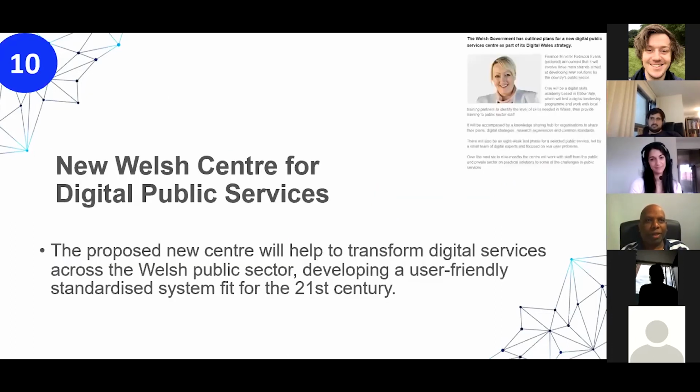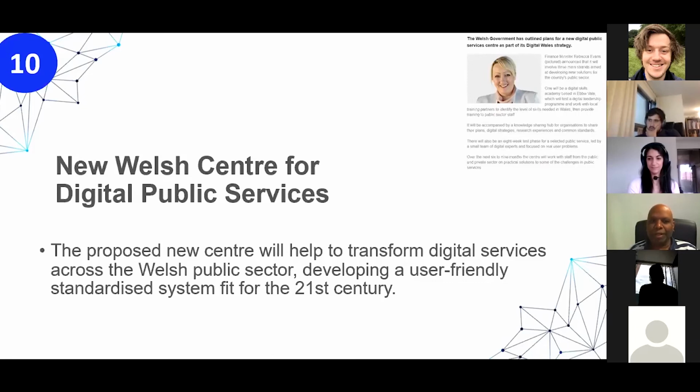And the last one is the Welsh Centre for Digital Public Services. So there's a new center that's being set up by Welsh government for looking at public services, how they can be delivered user-friendly for citizens across Wales. And it's interesting because we now know how the information is distributed.